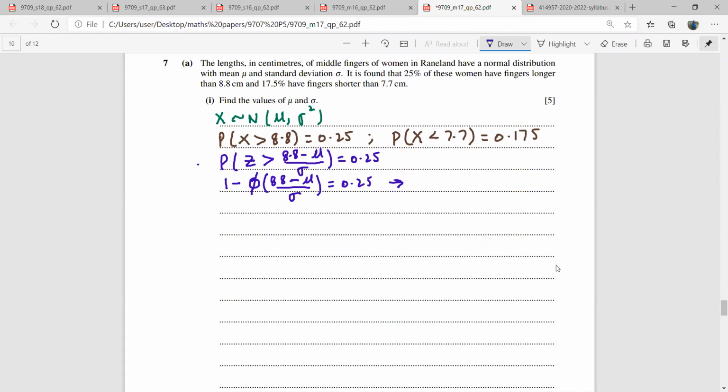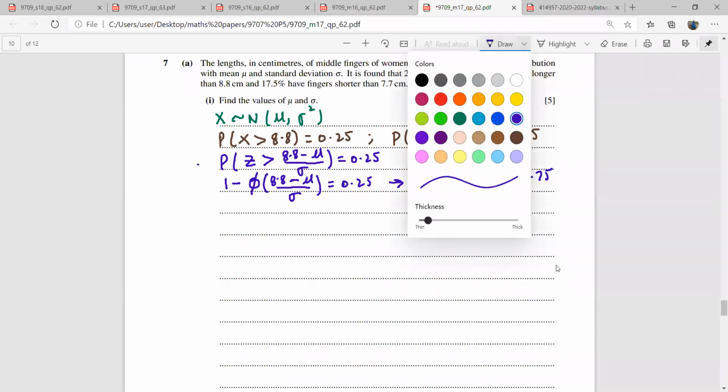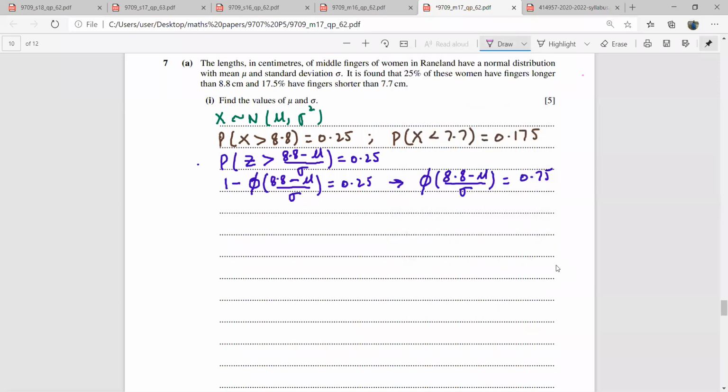So this leads into phi of (8.8 minus mu) over sigma, and that is going to be 0.75. Now this becomes (8.8 minus mu) over sigma equal to phi inverse of 0.75. Let's see what is phi inverse of 0.75.